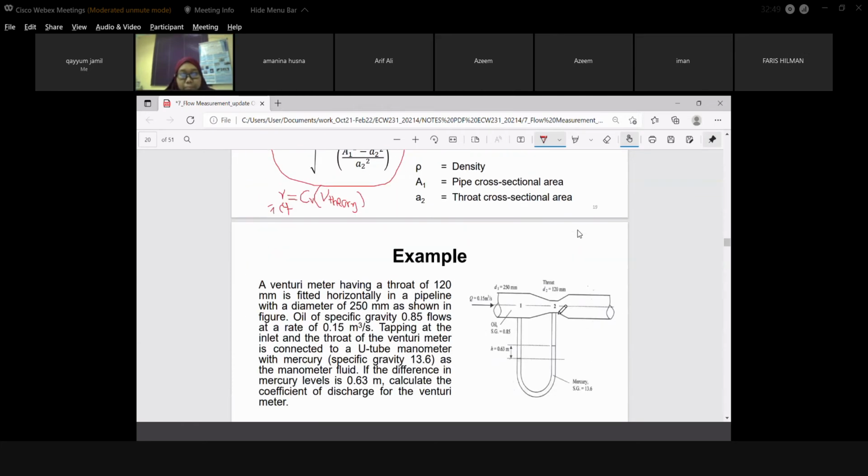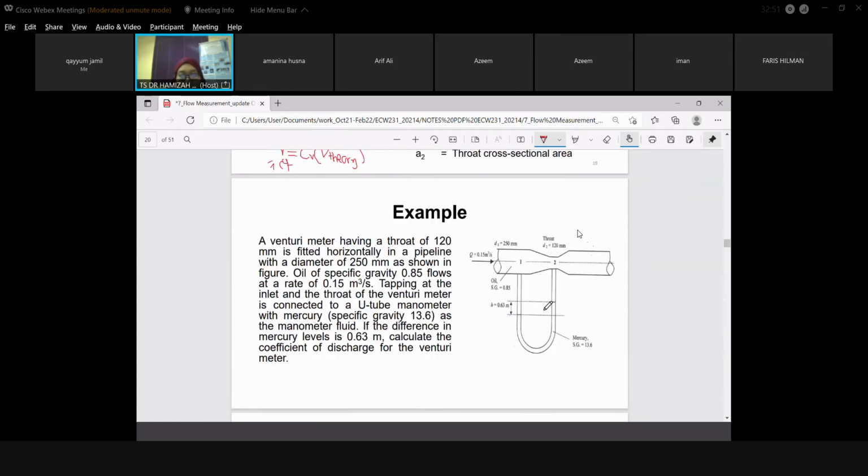Okay, let's see examples with values. So we have the details in the question, and you can also refer to the picture. It already gives the information in the picture to help you understand more. So this is the throat, diameter is 120 millimeter. Of course you need to change the unit to meter first.